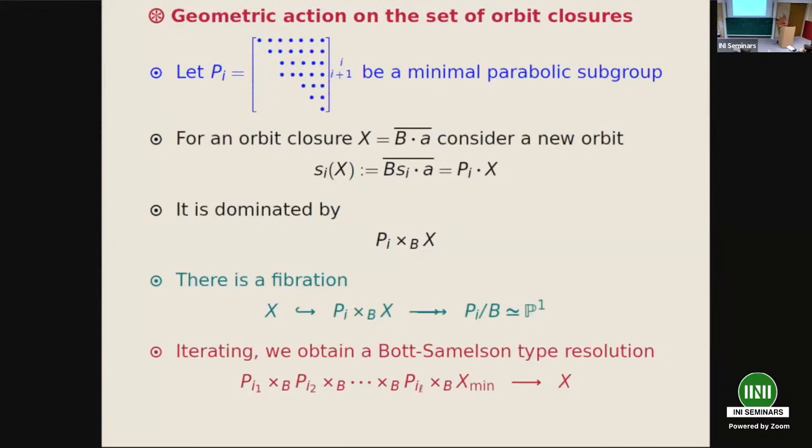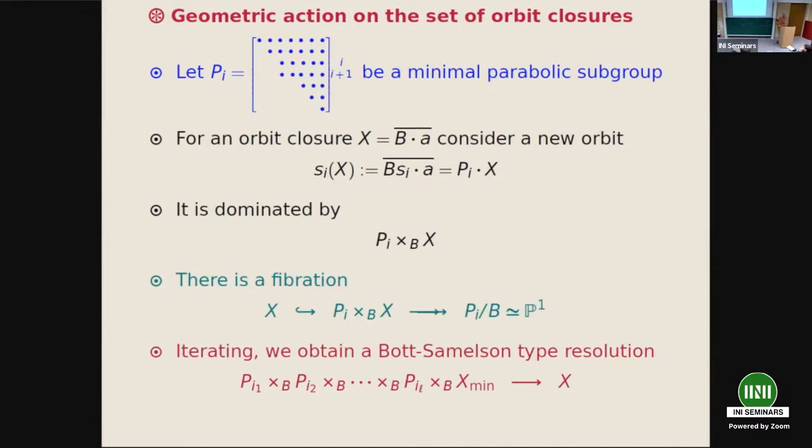You conjugate this matrix, dot means conjugation, you obtain another 0, 1 matrix, and take a closure. And this is the same as the action of this parabolic group, spreading the previous orbit using the parabolic group.